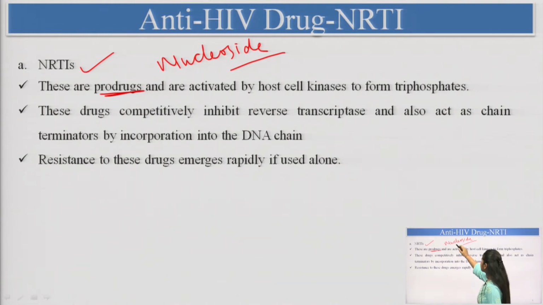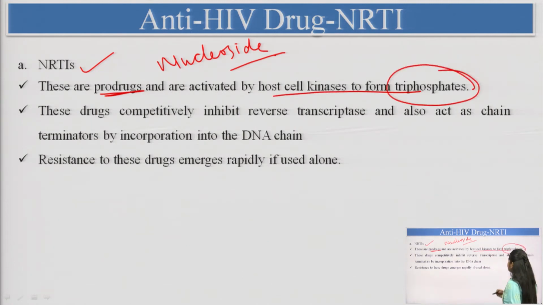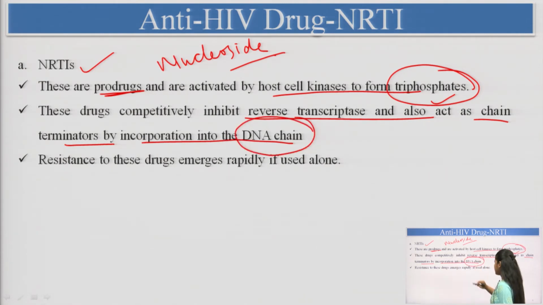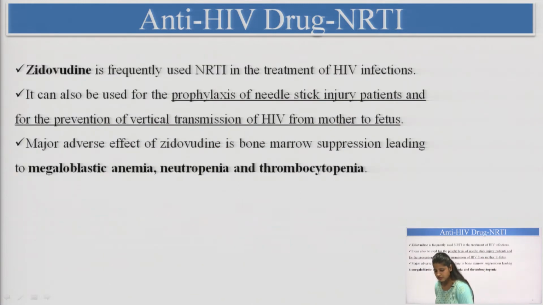Yes, whereas nucleosides need to be activated by host cell kinases and converted into triphosphate compounds. Yes, and then only they will show their action. Okay. So, they will inhibit the reverse transcriptase enzyme and act as chain terminators, by incorporation into the DNA chain. Yes, they are generally used in combination therapy because there are chances of resistance.